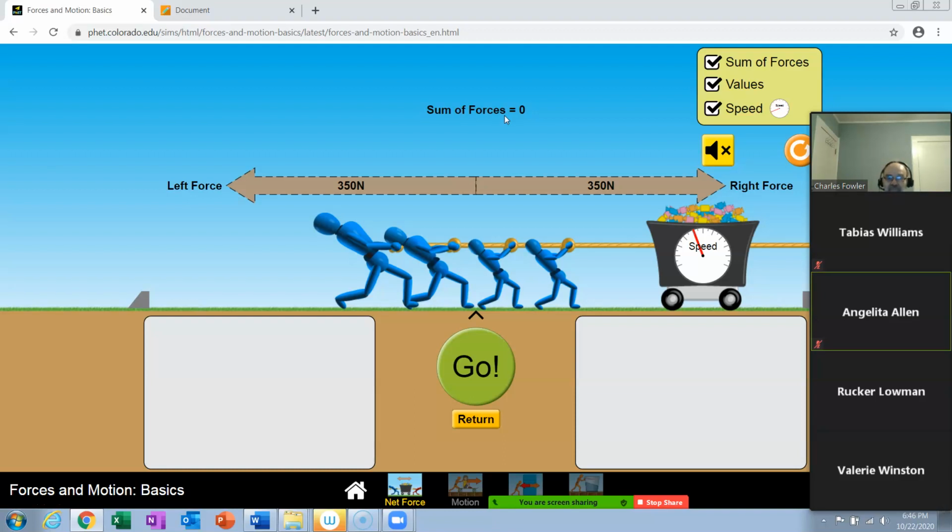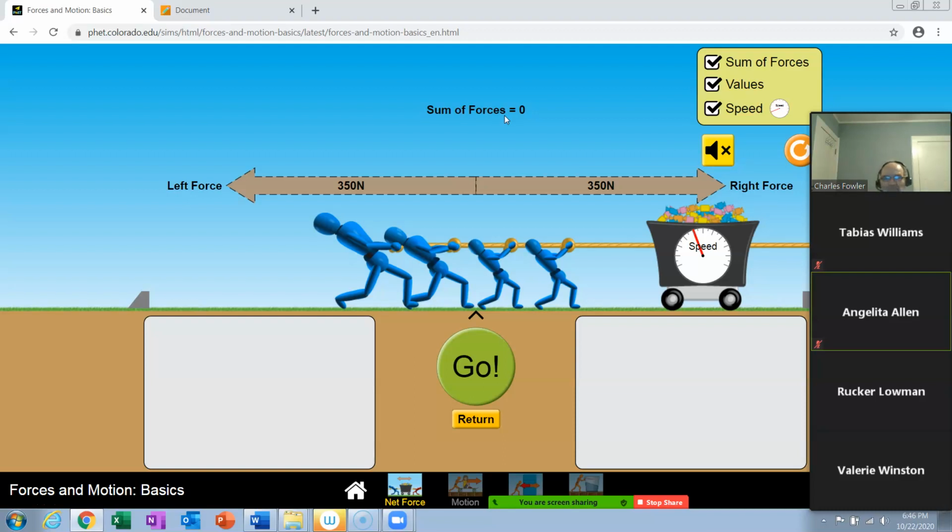Now, if that speed was not going to the right to begin with, and your net force is to the left, then the speed increases to the left. Not at a constant speed, but an increasing speed to the left. You don't have to write all that down, but just get in your brain what's going to happen there.